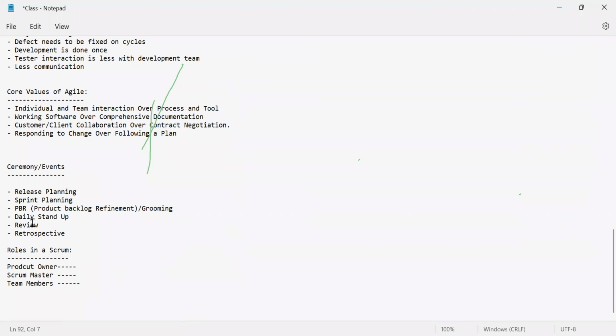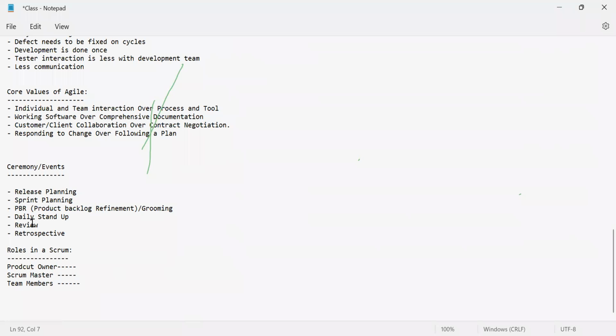So PBR is nothing but refining the stories in the PBR meeting. Refining in the sense of better understanding the story, nothing else than that.